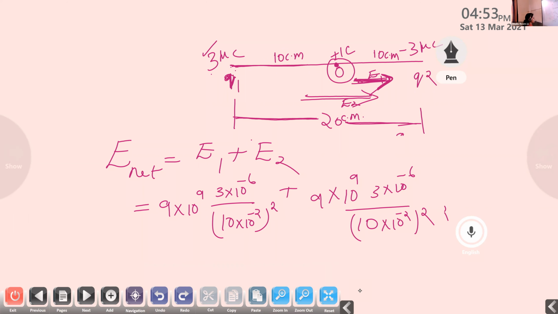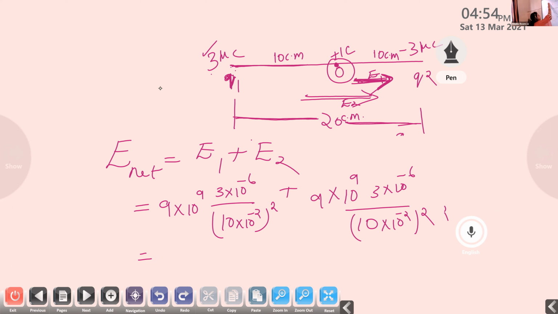Okay. Now, when we look at this, the same terms are repeated. That is 9 into 10 raised to 9, 3 into 10 raised to minus 6, plus here also 9 into 10 raised to 9, 3 into 10 raised to minus 6, right? So we can take it as 2 times.